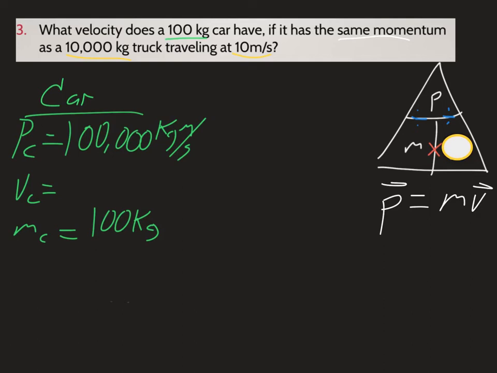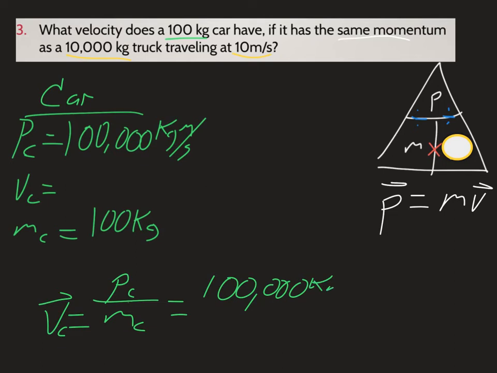So I'm going to cover up that V, and that's going to tell me that my new formula is going to be velocity equals, and then I see that I have momentum divided by mass, and this is all of the car. So now I can plug in that because I have that for both of them. 100,000 kilogram meters per second divided by 100 kilograms.